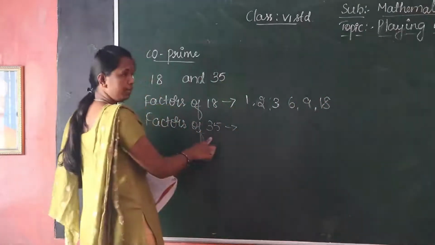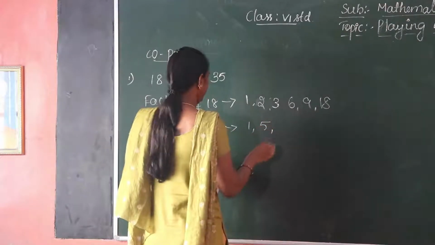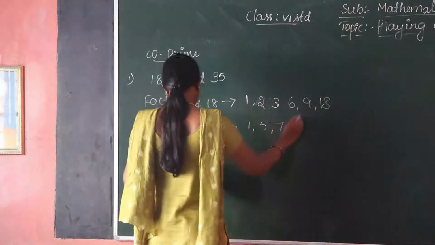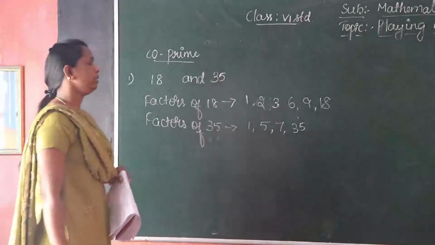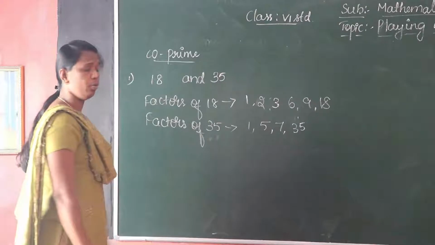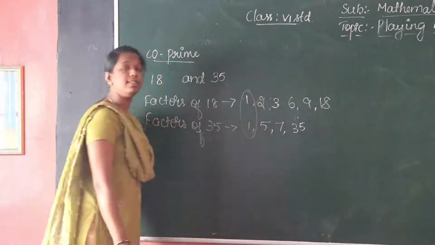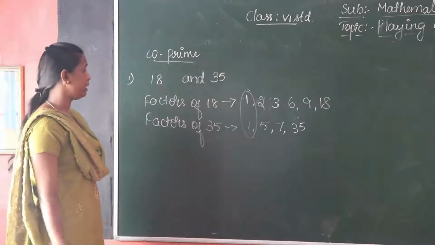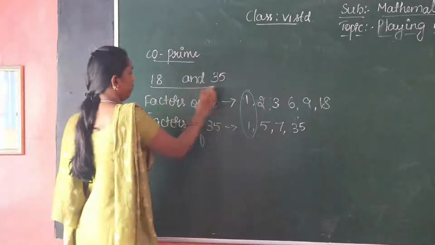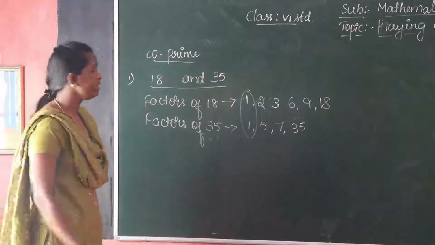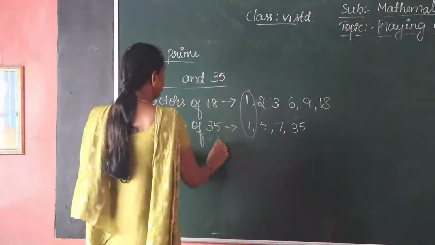The factors of 35 are 1, 5, 7 and then 35. Here we can easily observe the only common factor is 1. Observe children? Only 1 is the common factor present in the factors of 18 and 35. So the given numbers 18 and 35 are co-prime.